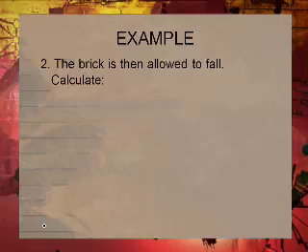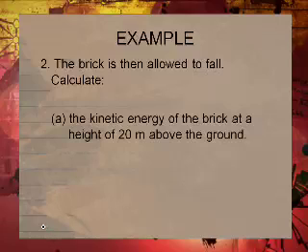Now let's look at this one, an interesting one. It says the brick is now allowed to fall. It's no more resting. Calculate the kinetic energy of the brick at a height of 20 meters above the ground. For us to do that, we will need to know what EP is at that point.